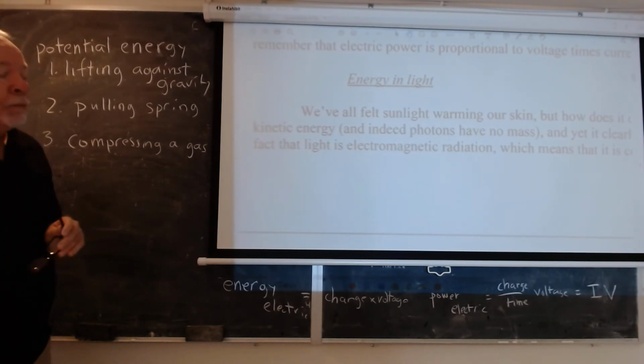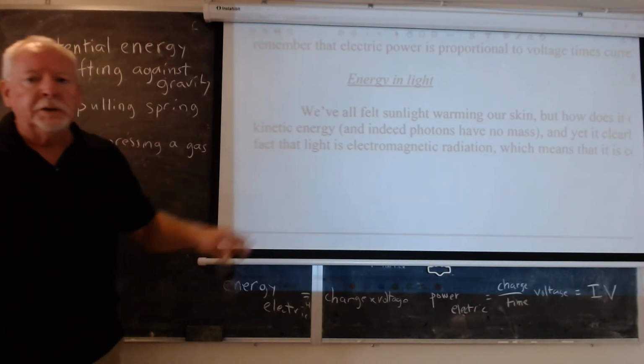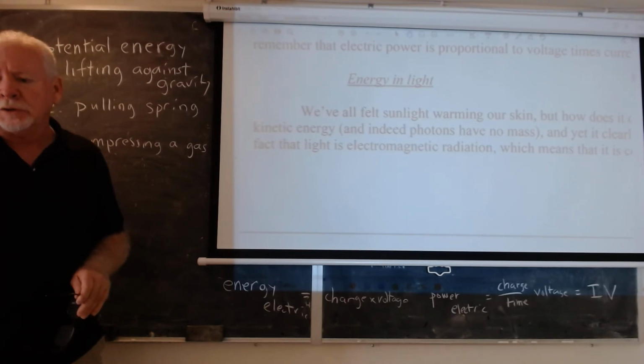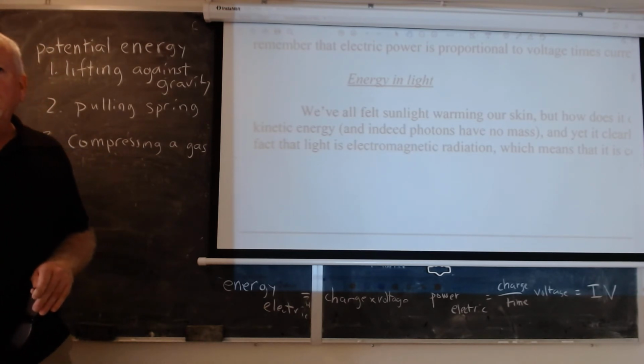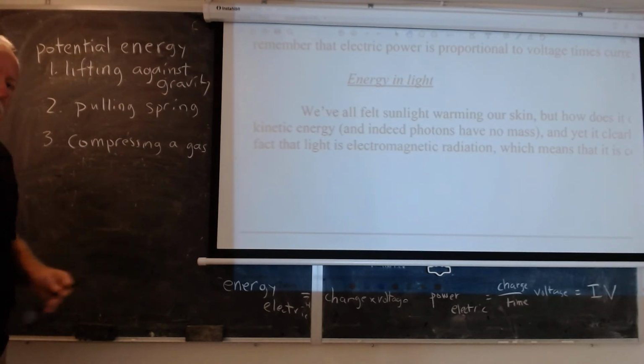Now, what does that mean? Well, it means that the energy in light is in electric and magnetic fields, mostly electric fields. And so, unless you have charges present, it can't deliver any of that power. Now, fortunately, there are charges in everything.